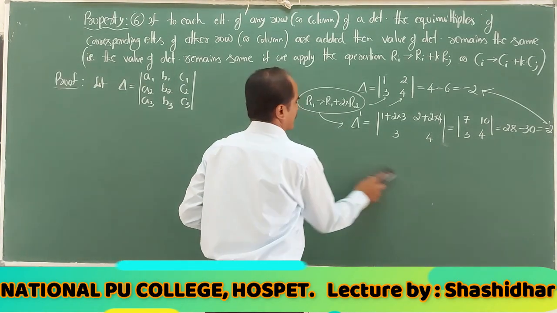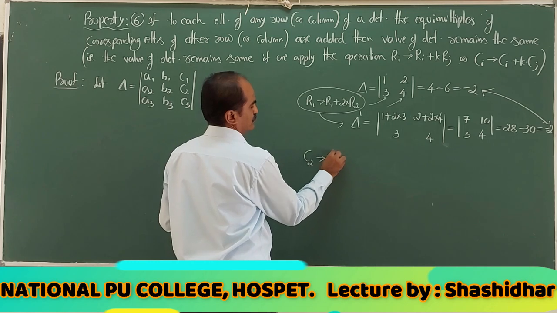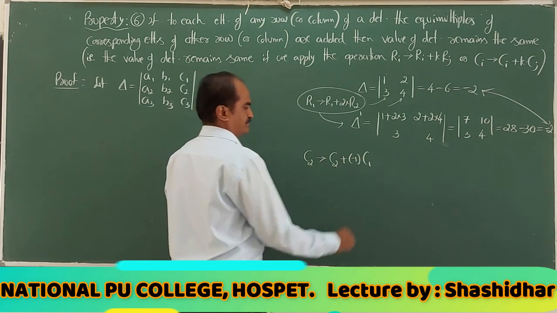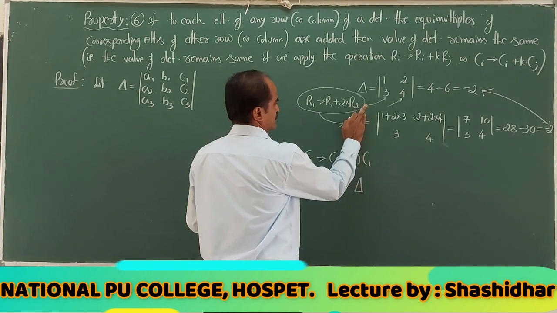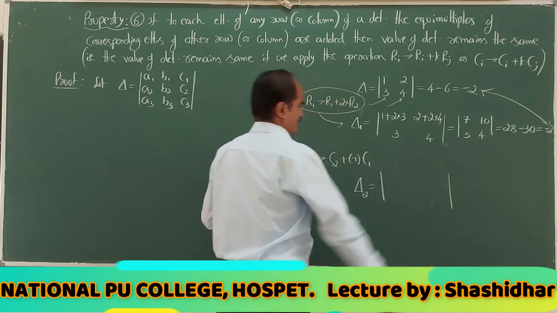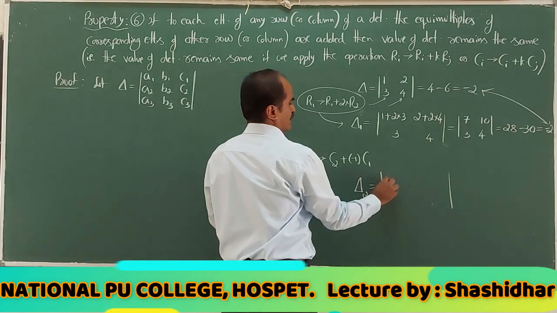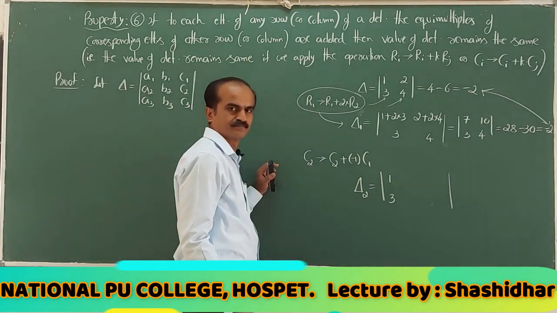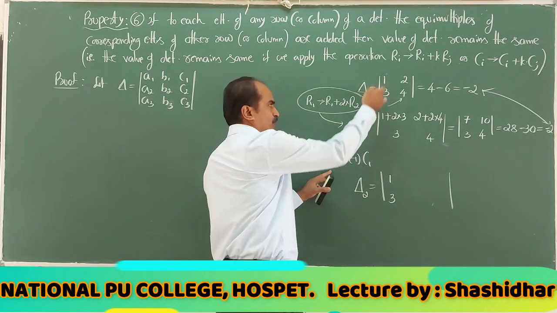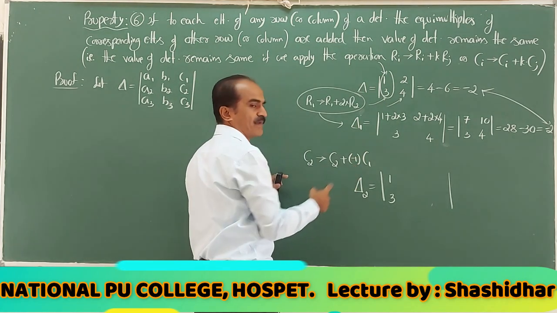Now let me apply a column operation. Say C2 changes to C2 plus minus 1 times C1. So I will write it as delta 2. Which column are you changing? Column 2. Column 1 of delta, I write as it is. How are you changing column 2? First multiply column 1 elements by minus 1.